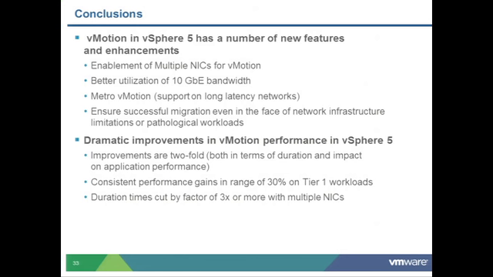If you've just woken up and haven't heard about all these features, all you need to do is upgrade to vSphere 5, and you'll get a 30 to 35% minimum improvement in performance. You don't need to use any of the features, because most of the features are transparent. But if you somehow manage to keep yourself awake and use some of the features like multiple NICs, you can dramatically cut down the vMotion durations by at least a factor of 2x or 5x, depending on the workload.